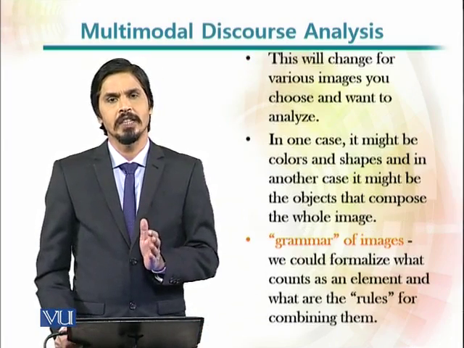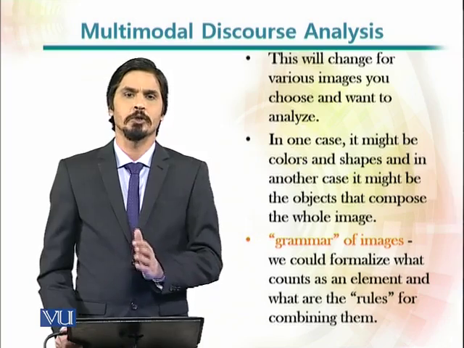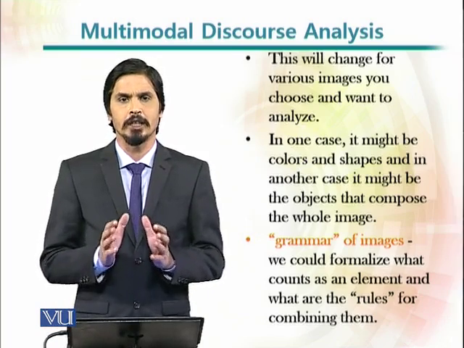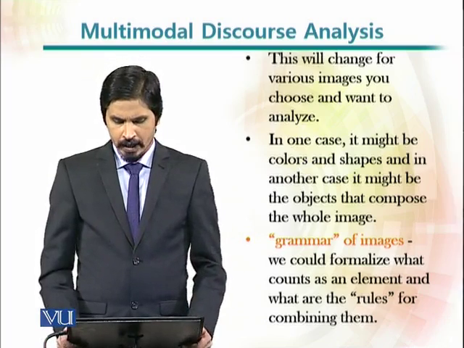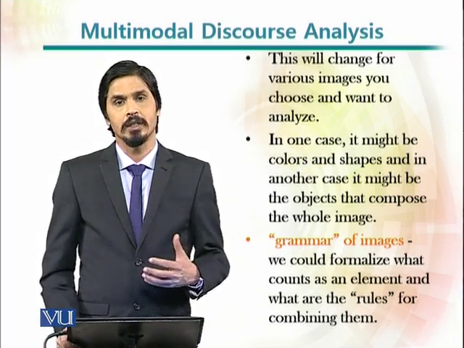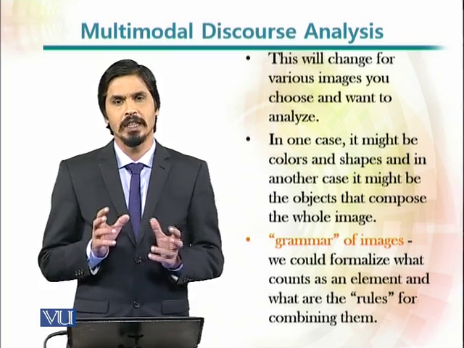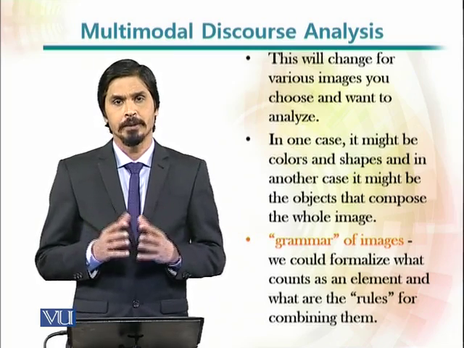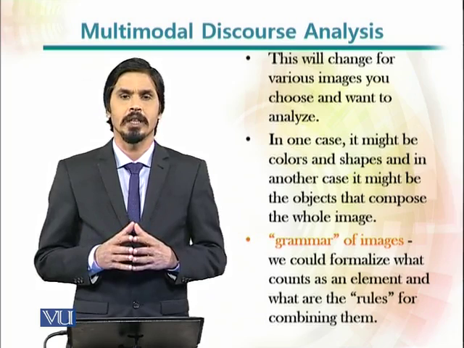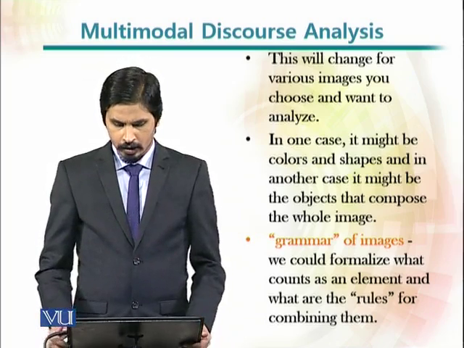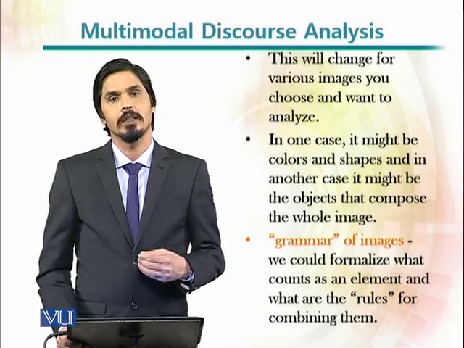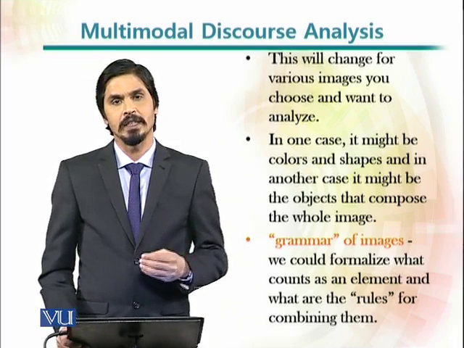And such an understanding might vary from image to image, because various images are composed of various parts or various elements. In one case, it might be colors which are important in an image, or shapes, and in other cases, it could be the very words or other objects or components an image is composed of.